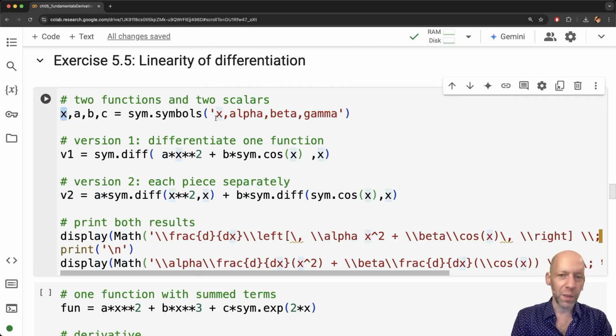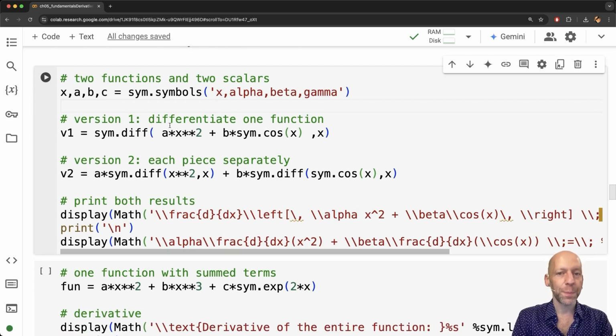So x is the same as x, but here I'm calling a symbolic variable alpha, but here I'm just calling it a. Now, the idea is that this a is a Python variable. This is a reference to what SymPy is representing as alpha. And then because I've spelled it in this particular way, SymPy is going to know that this corresponds to the Greek letter alpha. Same with beta, same with gamma, and you'll see gamma come in later in the exercise.